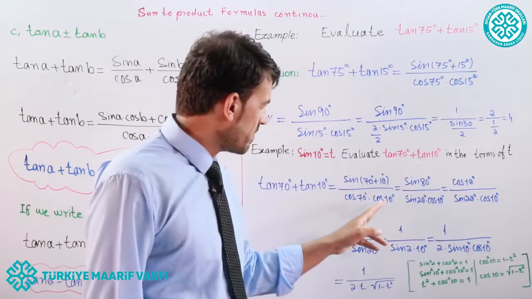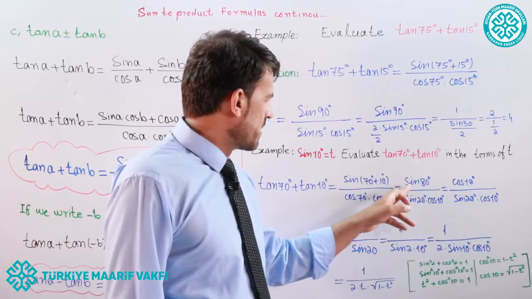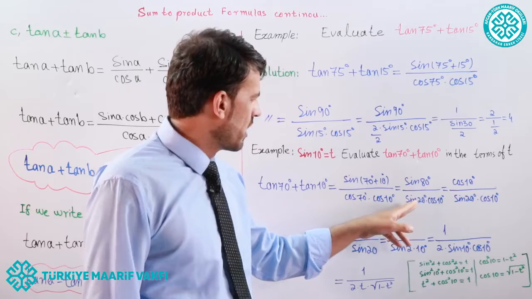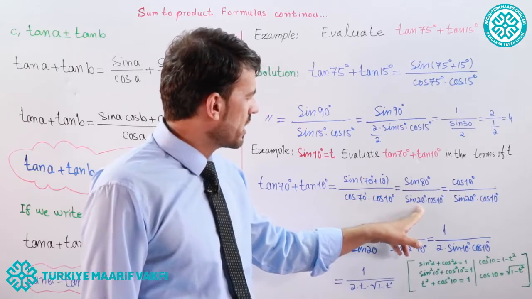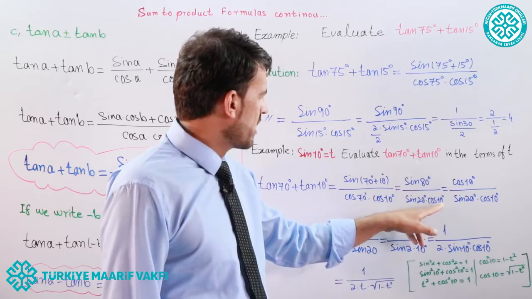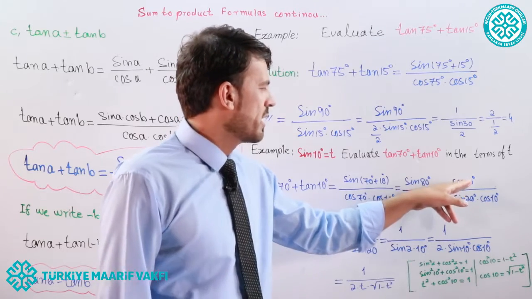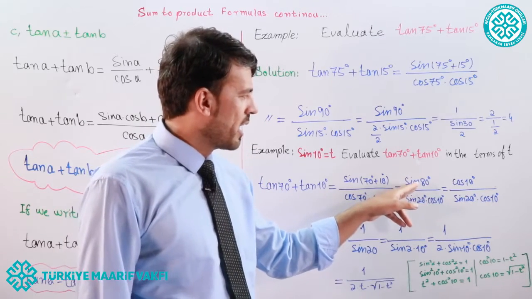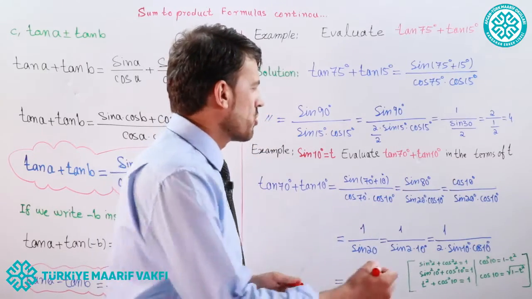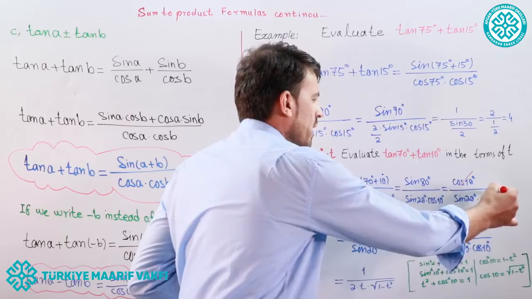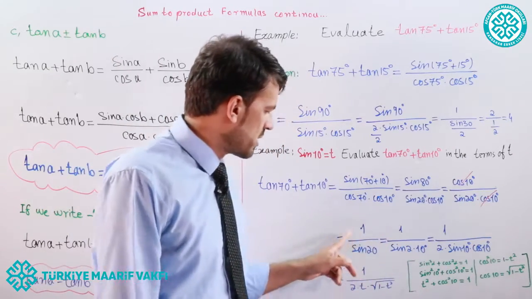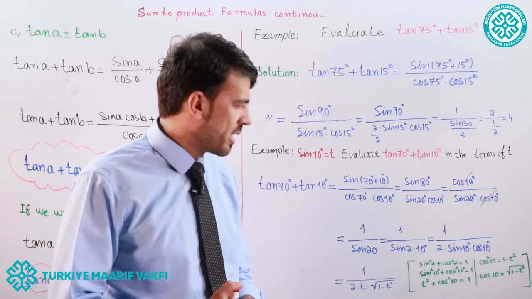So sine 80 degree over sine 20 multiplied by cosine 10 degree, we can write cosine 10 degree instead of sine 80 degree because these are also co-functions of each other. So cosine of 10 degree will be cancelled with cosine of 10 degree. Here we will have just 1 over sine 20 degree.